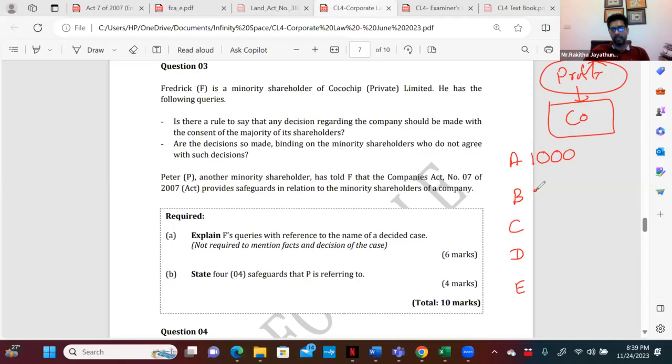B has bought 2,000 shares. C has bought 3,000 shares. I'll have 3 shareholders. That's enough. Then the value of a share, let's assume 10 rupees. That means he has invested 10,000 rupees.